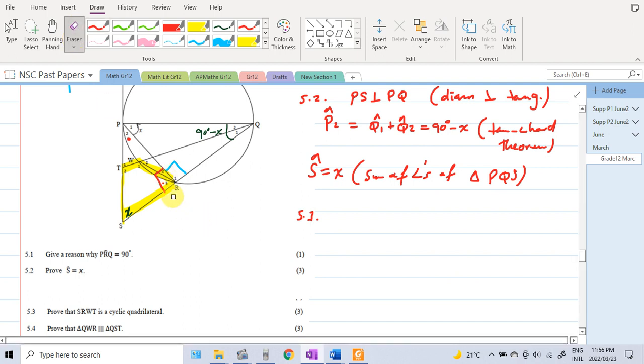Okay, see a pattern here. Let's take this out because we already have this. Quite challenging, but anyways, let's look at chord QR. You can see this angle W2 is basically equal to x. Why? Because of angles in same segment.